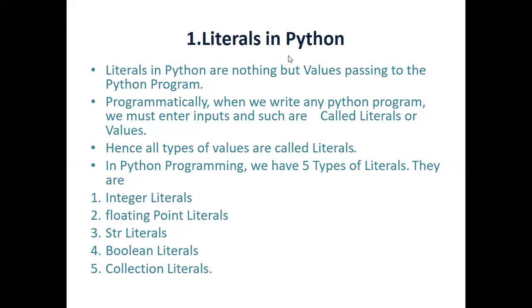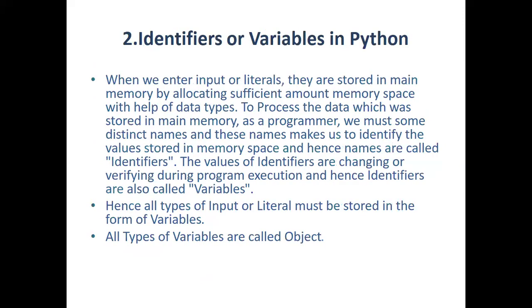Students, please answer me so that I'll be able to understand if you are getting me or not. Very good. So whatever we save will be saved in the form of variable. Right. Now, all variables are called objects also. Now, let's proceed further.